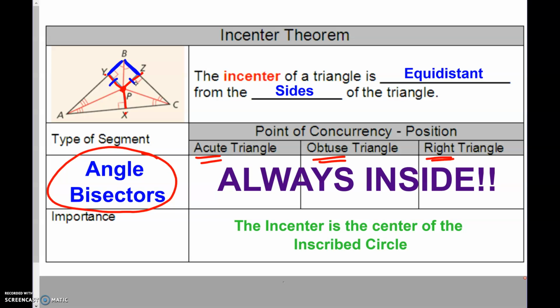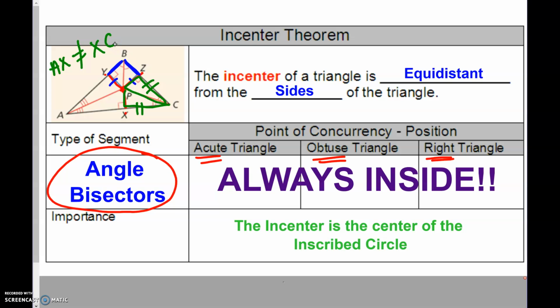The same thing happens over here. So if we look at this green triangle, CZ is going to be congruent to CX. Now, CX does not equal XA. If it did, then those would be bisectors, and it's not.